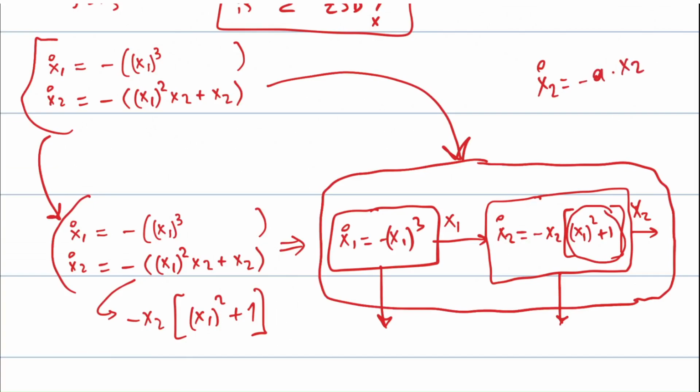Of course a will be time varying, but it doesn't matter, a will never reach 0. Therefore the x2 dynamics is also stable. We can just conclude that. I think that's kind of an obvious statement.